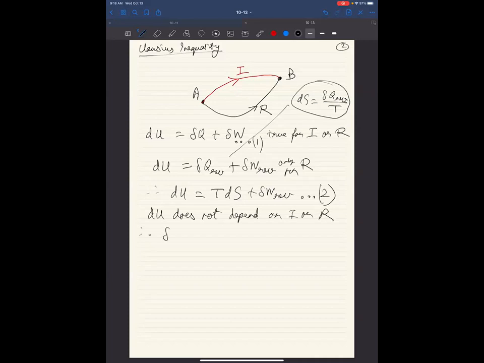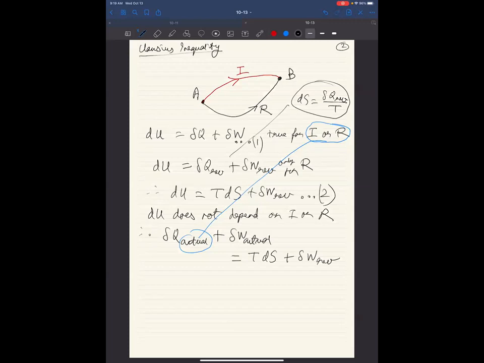Instead of saying I or R, I will call it actual, an actual process, which could very well be reversible or irreversible. We don't know what's happening. So let's call it delta Q actual plus delta W actual. This actual is just a shortcut for either I or R. Delta Q actual plus delta W actual is equal to TdS plus delta W reversible. Everyone happy with this relation?